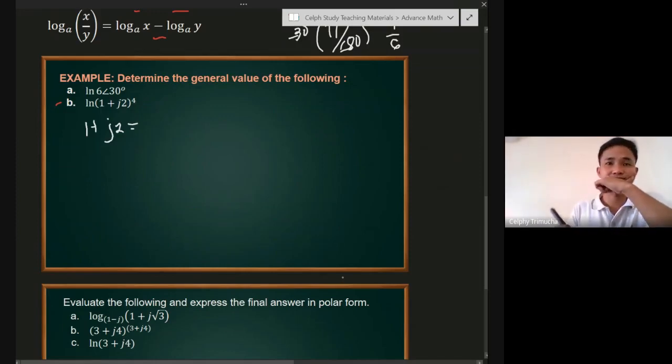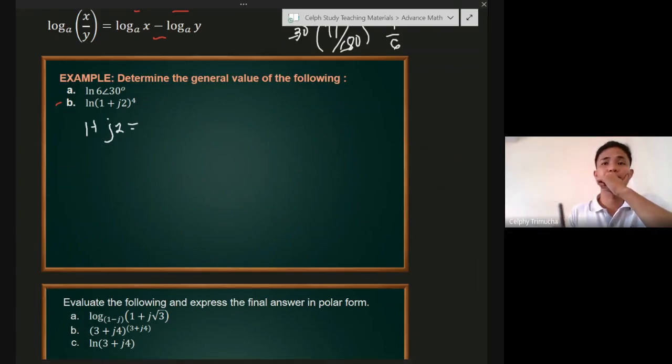Calculator. So 1 plus 2i, shift complex 3. Okay, so pila yung answer sa polar form of 1 plus j2?